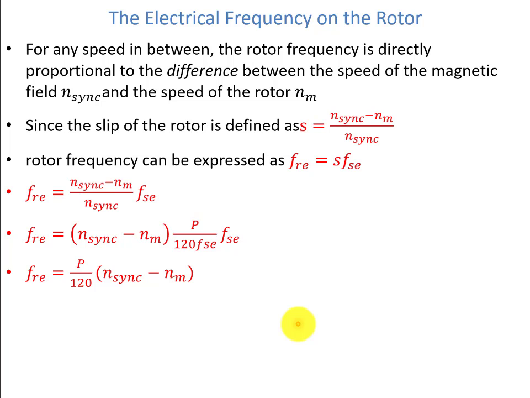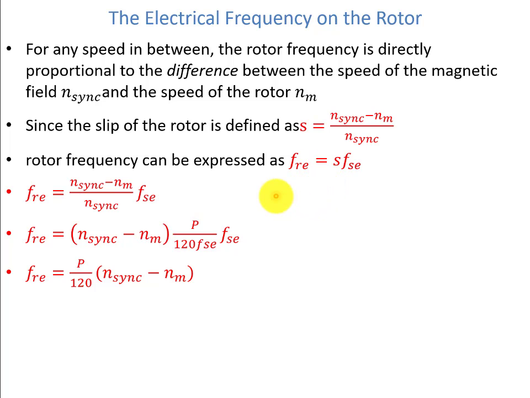So we can manipulate a few terms in terms of the rotor electrical frequency. For any speed in between, the rotor frequency is directly proportional to the difference between the speed of the magnetic field and the speed of the rotor Nm. Since the slip of the rotor is defined as n synchronous minus Nm over n synchronous, we can define Fre equal to S times Fse, where S is the slip.